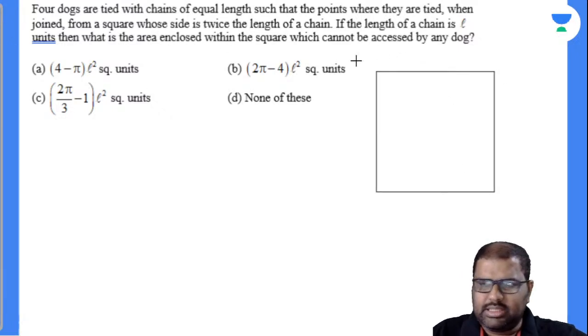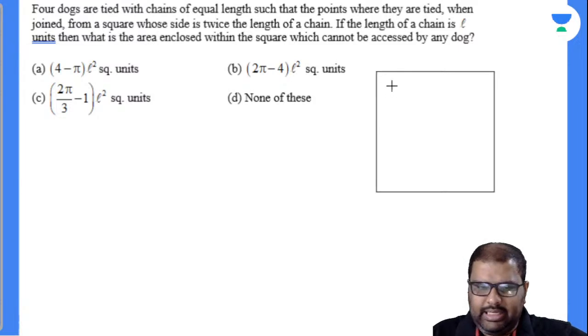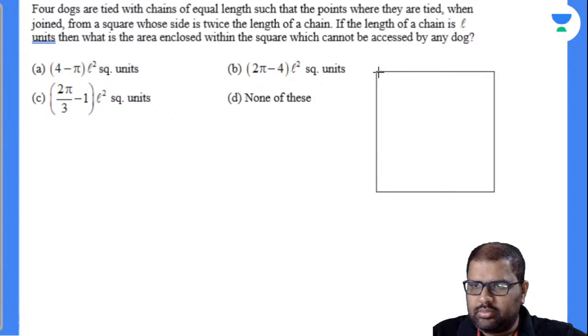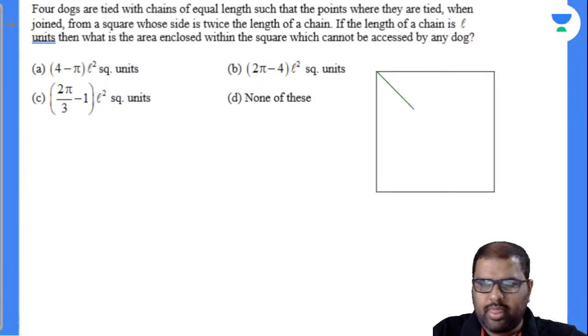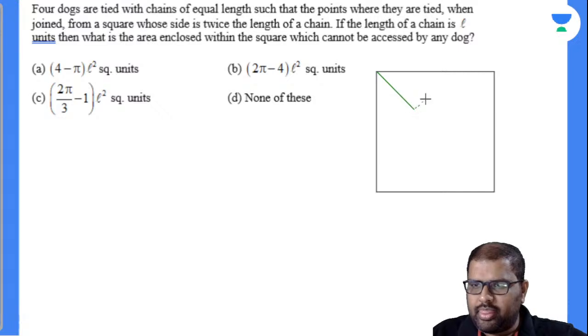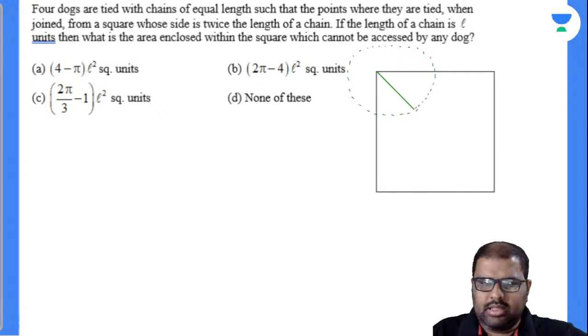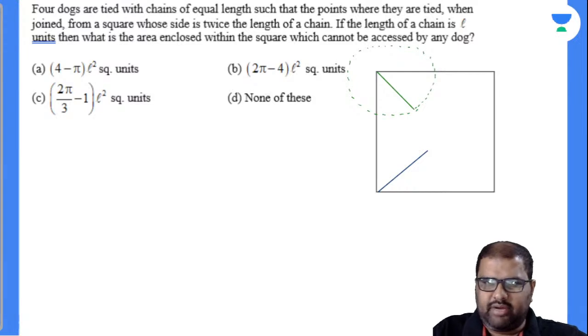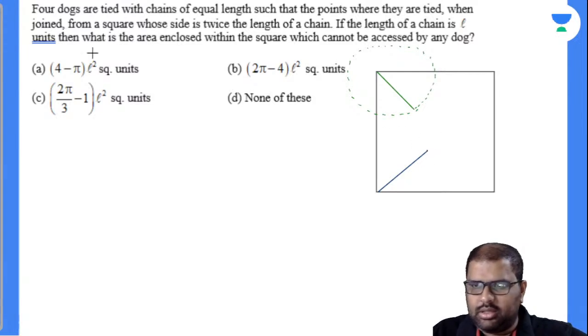These are tied to the ropes. I'm drawing it planar, just for the sake of understanding only. So 4 dogs, this is the thing happening there.